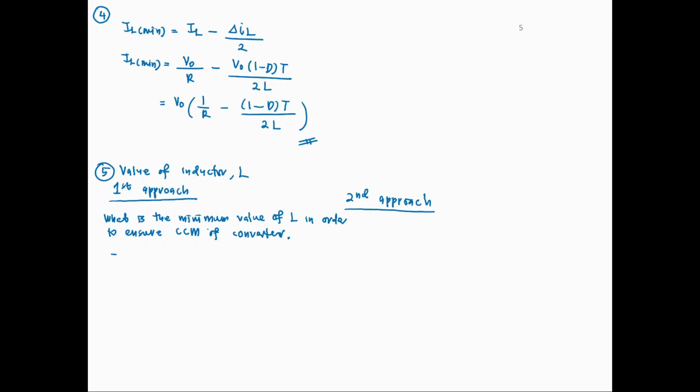Because this is the minimum inductor current, we can use this equation to find our minimum value of inductor. Let's rewrite the equation. To find the minimum value of inductor, you need to set this equation equal to 0, which means we assume our minimum inductor current is equal to 0.